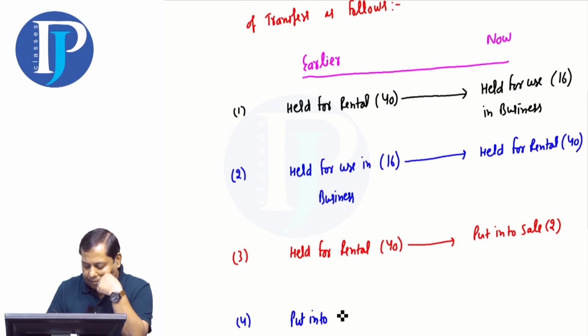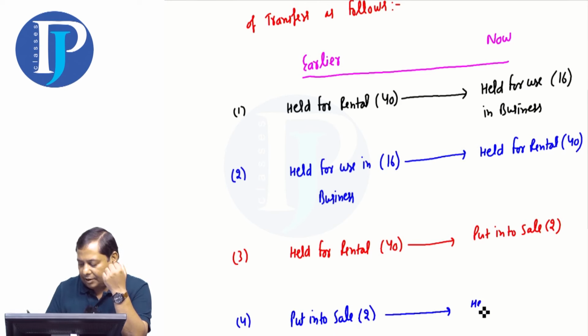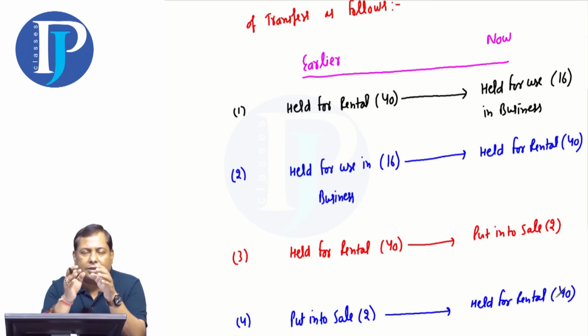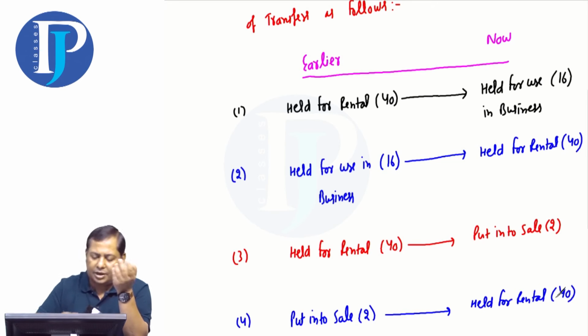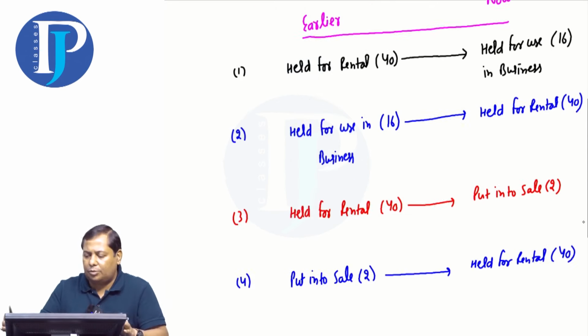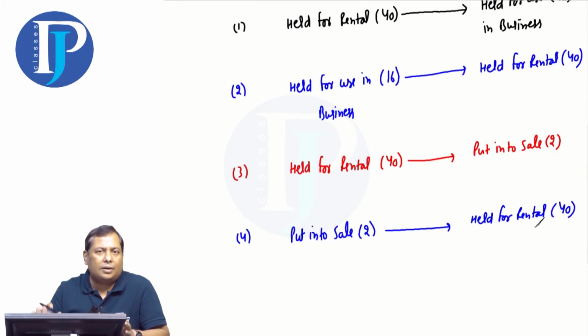Before it was put into sale, now it's held for rental. I've written 3 to 4 things here, for example. You can create as many as you want. For transfer, if the intention of use changes, then your transfer will happen. There could be many more cases. My aim is to explain the concept, the rest you can do.